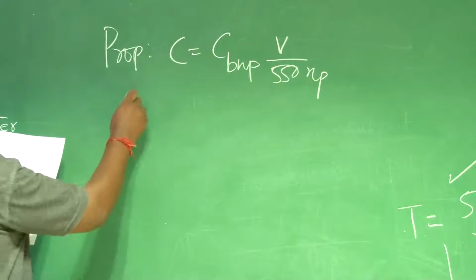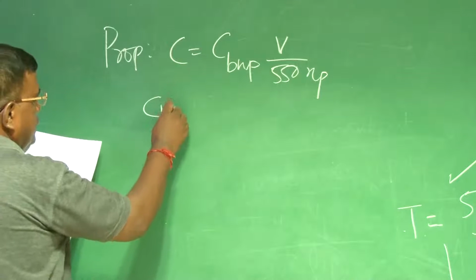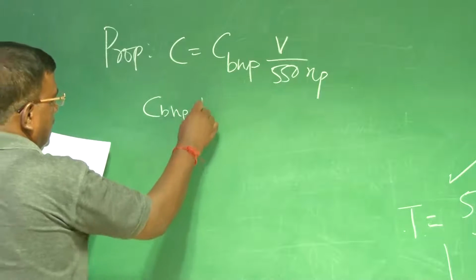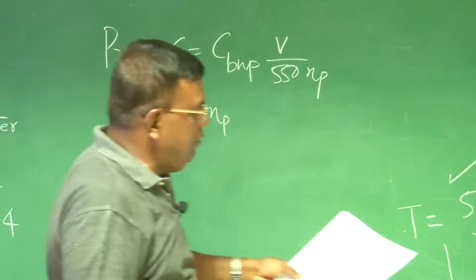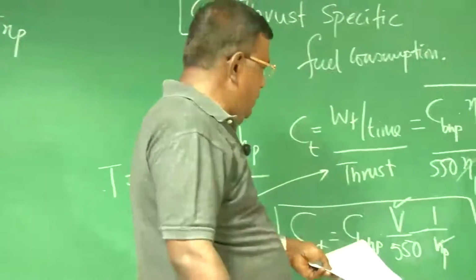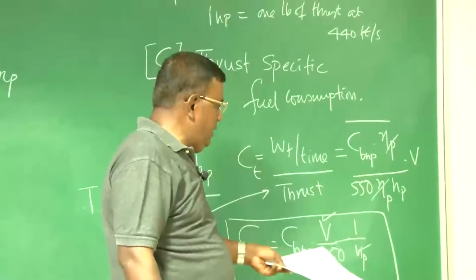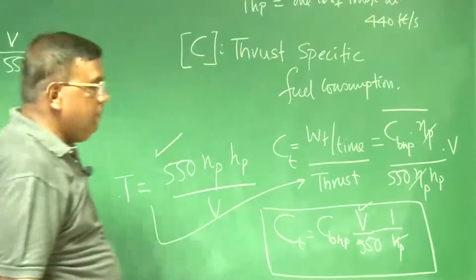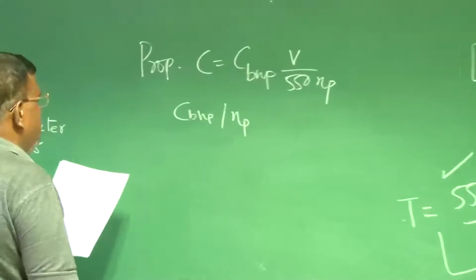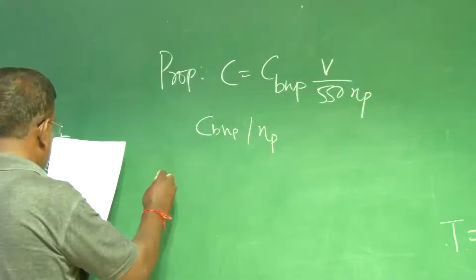Say if I give the values of CBHP, and next value is NP, because you understand that when I am trying to get the meaning of CT via CBHP, this will change for different value of propeller efficiency. That is why these values are given in this fashion.